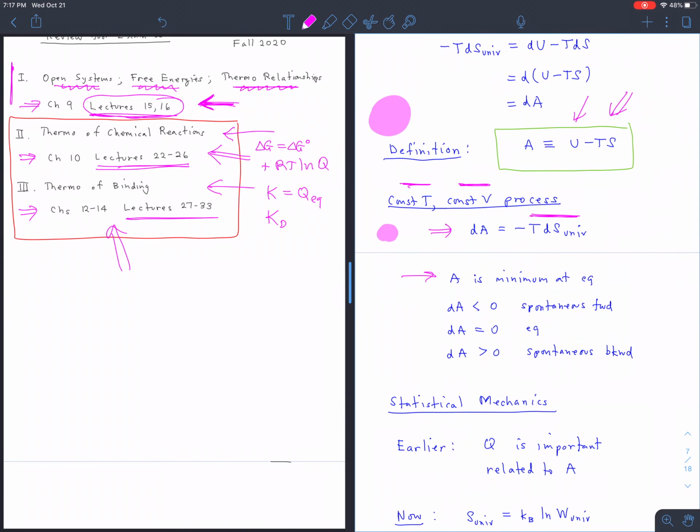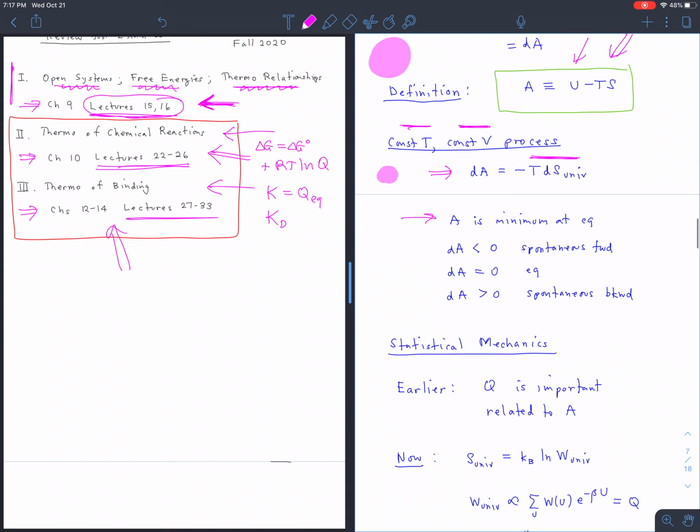The Helmholtz free energy is also minimum at equilibrium, and therefore the rules for delta A changes are the same as for delta G. It's just that the things that are held constant are different. So a negative delta A is favorable, a delta A equal to 0 means you're at equilibrium, and a positive delta A is unfavorable.